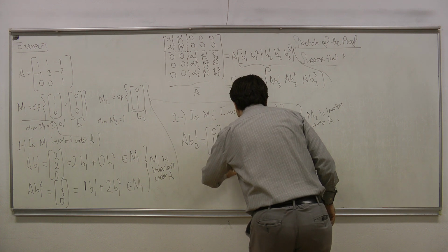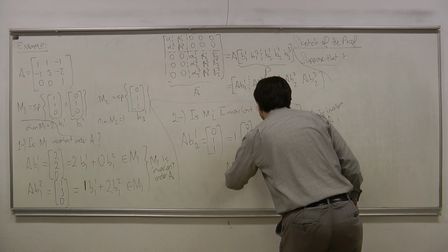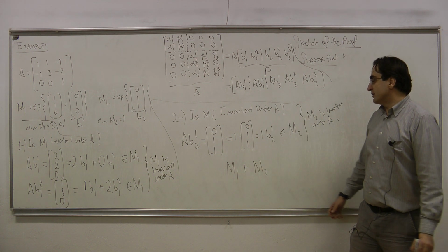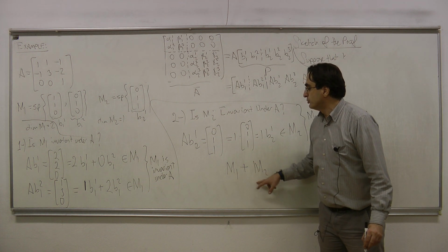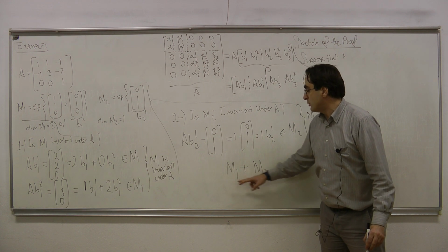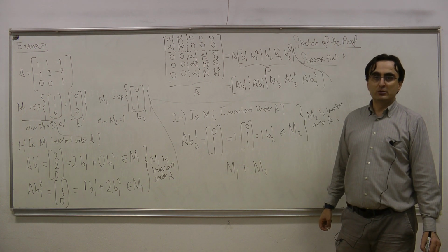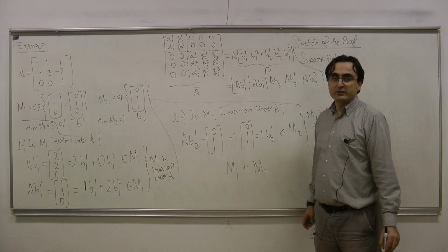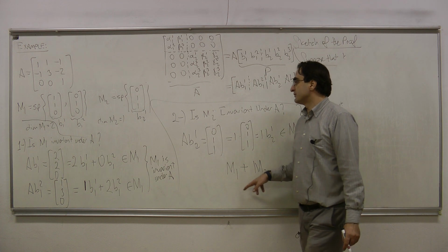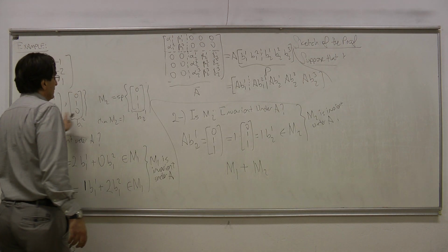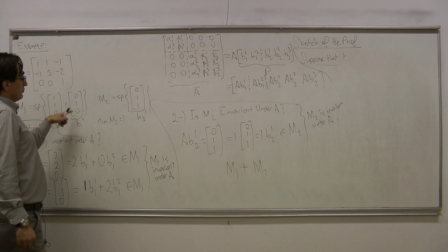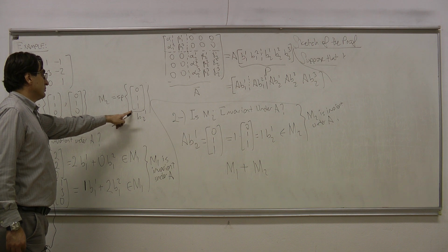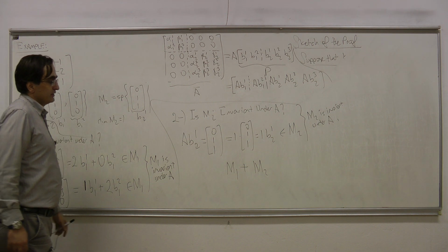What happens when I sum these two subspaces, M1 plus M2? This sum is the set of vectors which can be written as the sum of two vectors, one from M1 and another one from M2. Okay? One from M1, which can be an arbitrary linear combination of these two vectors, and another one from M2, a linear combination of this single vector.